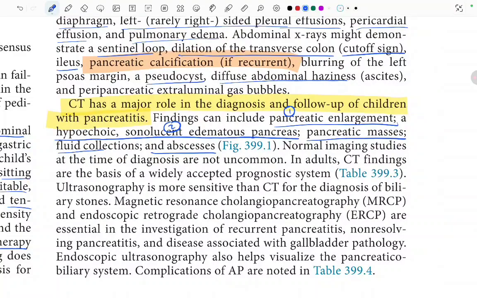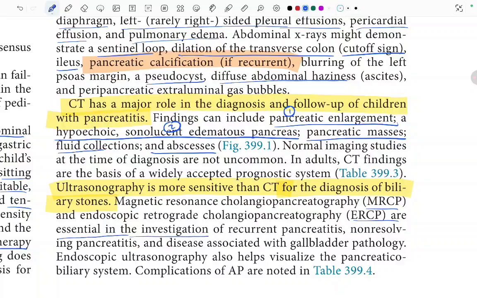If you are suspecting any biliary stones, USG is more sensitive than the CT for diagnosis. Magnetic resonance cholangiopancreatography, that is MRCP, and endoscopic retrograde cholangiopancreatography, that is ERCP, are essential in the investigation of recurrent pancreatitis, non-resolving pancreatitis, and disease associated with gallbladder pathology.